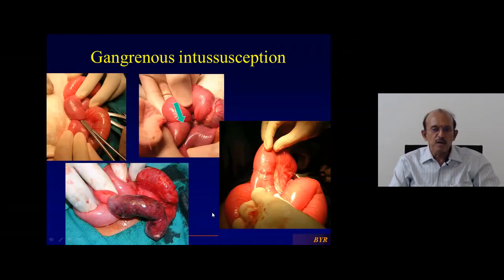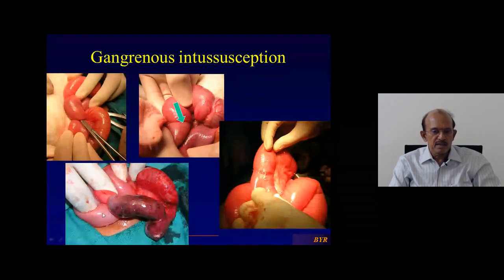So always check for darkness. When it is frankly dark like this, it is gangrene. Sometimes it is of doubtful viability. That means it is not the normal pink color, but it is very dark. Then you get a doubt. Then what do you do? You take a mop, soak it in hot saline, and wrap the intestine with that hot mop for 10 minutes.